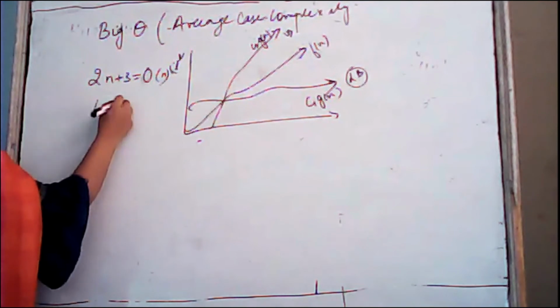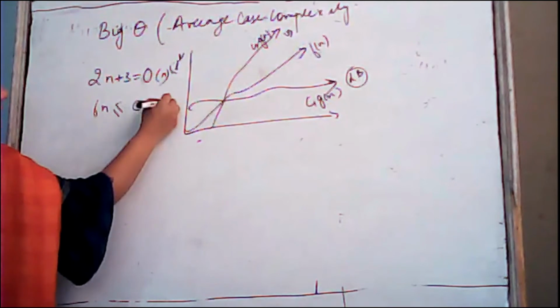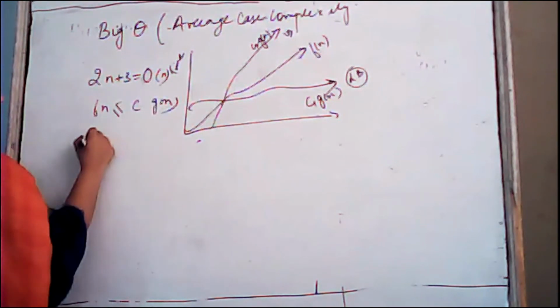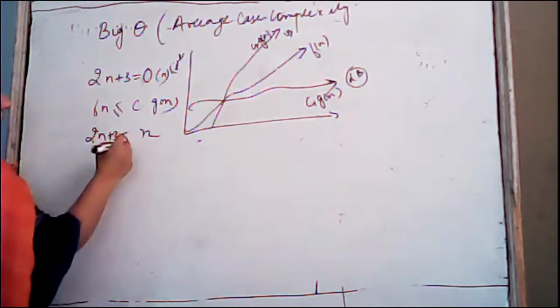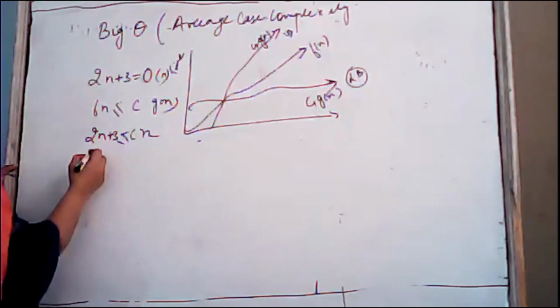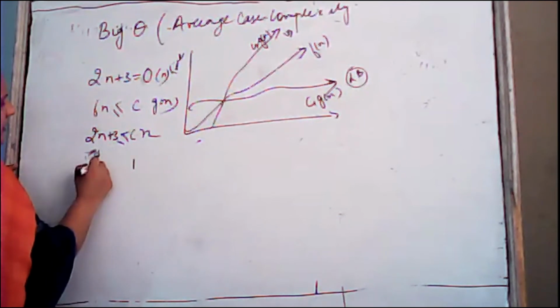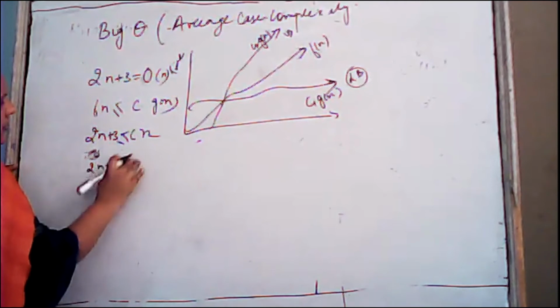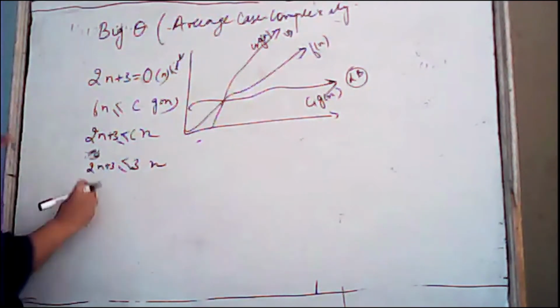That f(n) is smaller than C of g(n). So we have been given 2n plus 3 is less than C times n. Now for what value of C would it be less? Let's substitute C as 3, so 2n plus 3 is less than 3n, because that would be the closest bound.